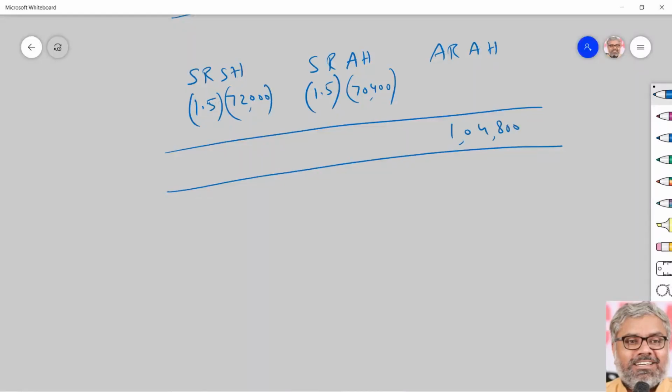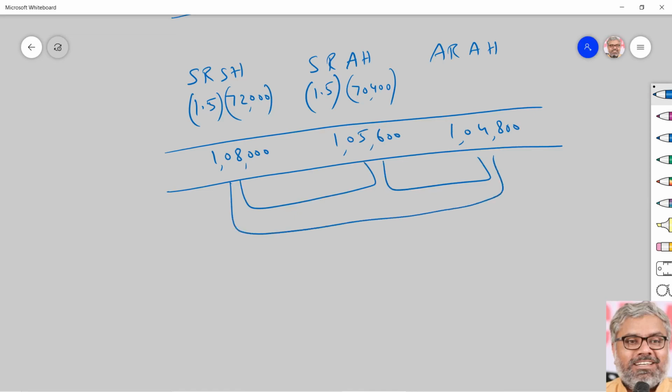Others are to be calculated. So 72,000 into 1.5, that is 1,08,000. 1.5 into 70,400, 1,05,600. Now that's all we have: labor efficiency variance, labor rate variance, and labor cost variance.